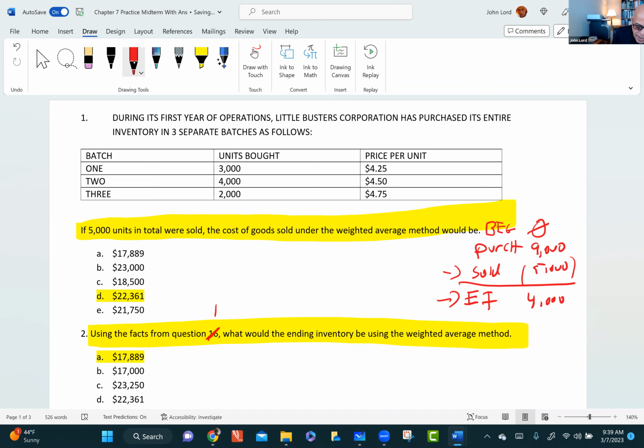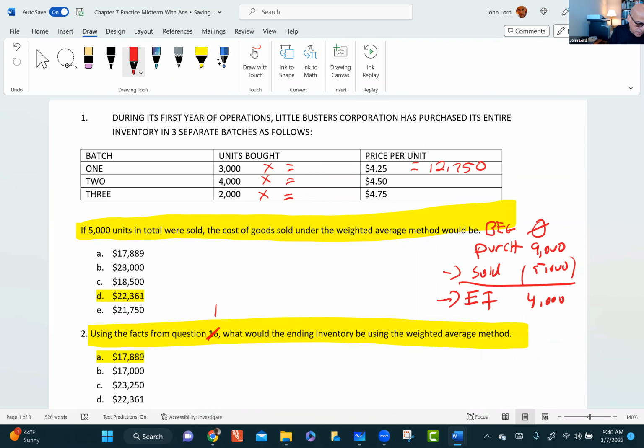Now, under weighted average, what we need to do is value each one of these purchases weighted by the price per unit. Guys, I'm going to pull out my calculator, but I would suggest you do it right along with me to check my math as I go. I get 3,000 times 4.25, which gives me 12,750 for that first purchase.